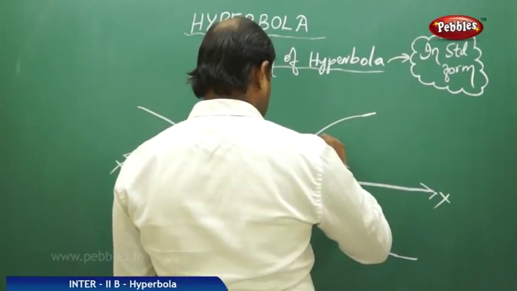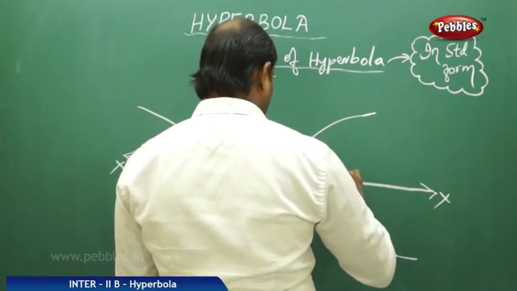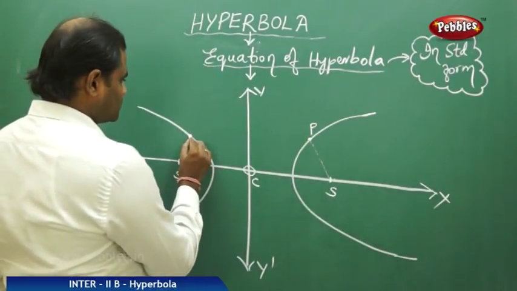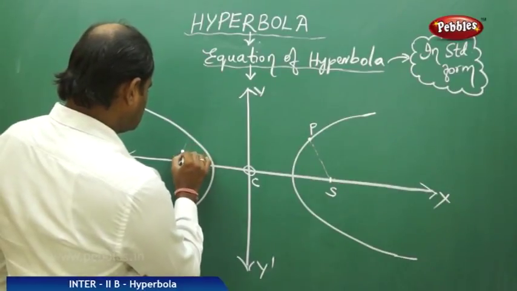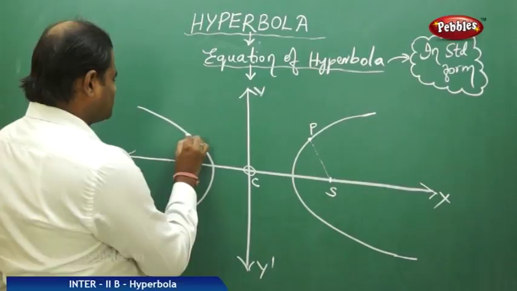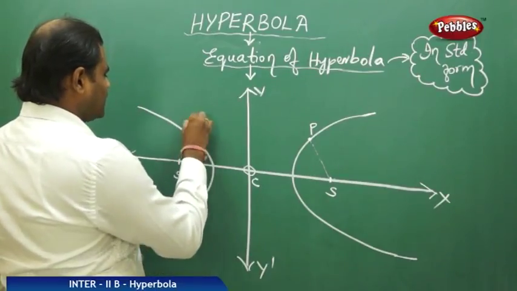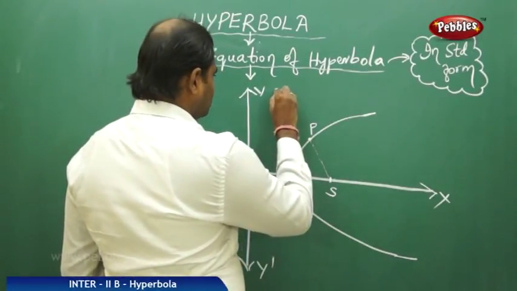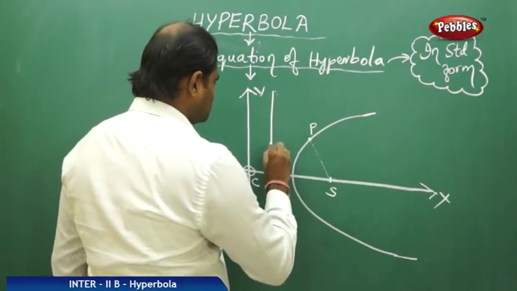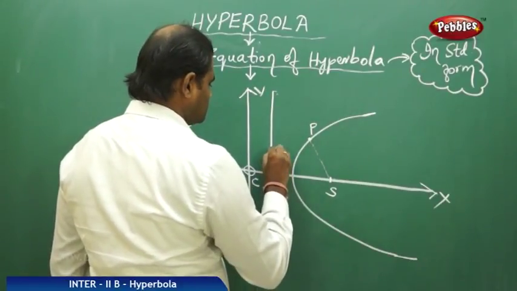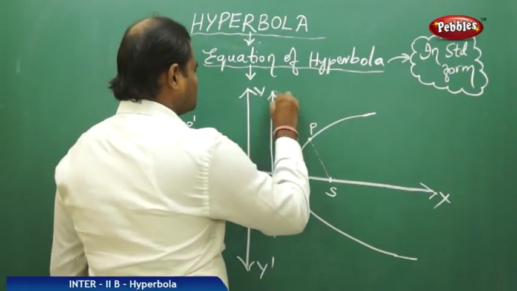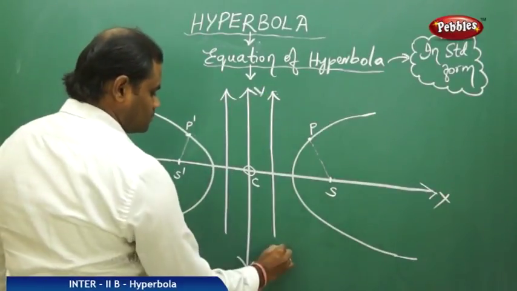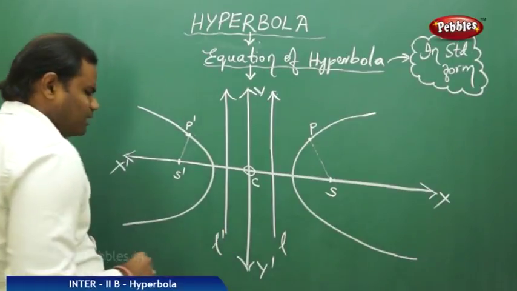Now I take the point P on the hyperbola as this, and similarly I take the point here as P dash. Now I drop a perpendicular from P onto this line which exists out here. So there are two lines, L and L dash.